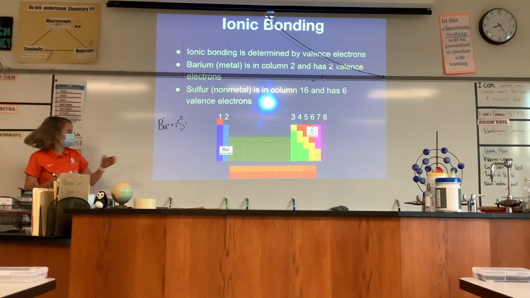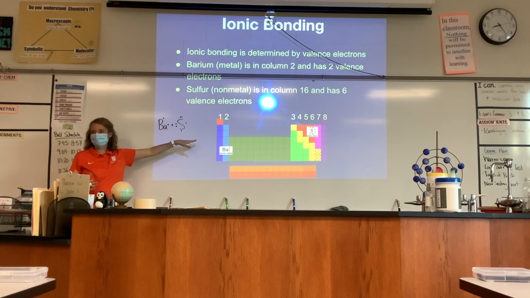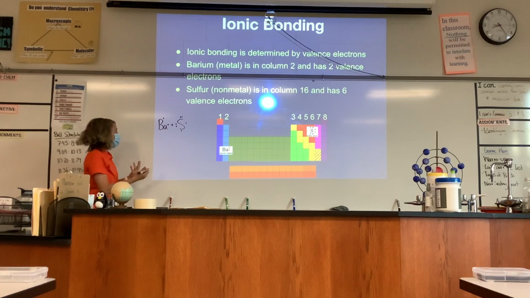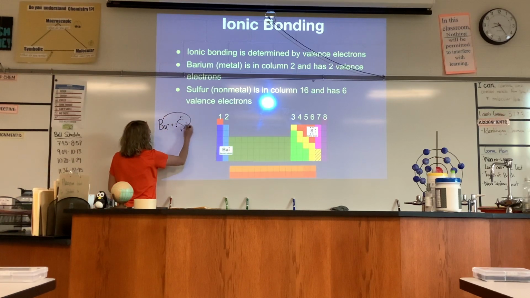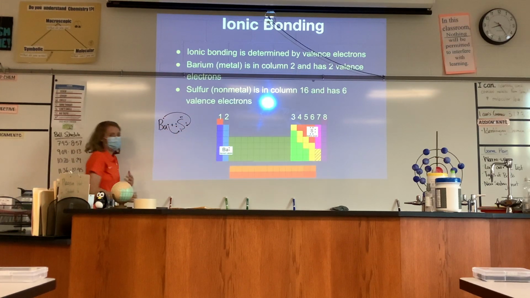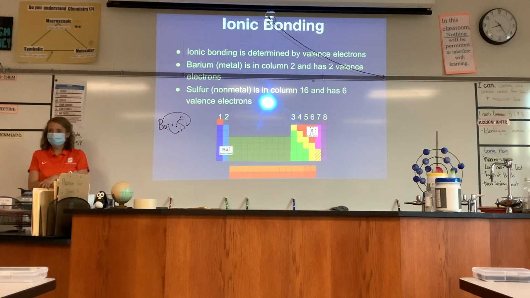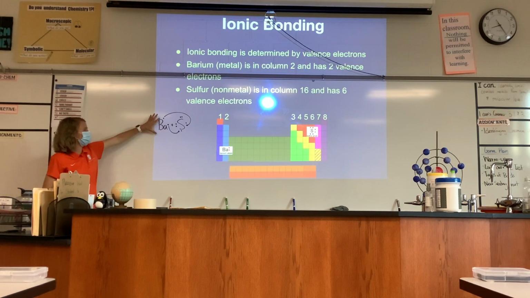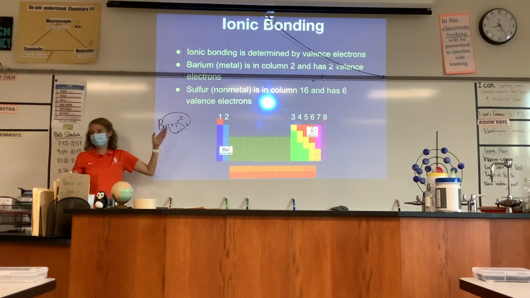So the whole idea is this one wants to give and this one's going to take, and it has to balance out. In this case, it's a perfect balance. We give 1 here and 1 there. Once again, because going to 0 makes the underlying shell full, this one has its outer shell full.